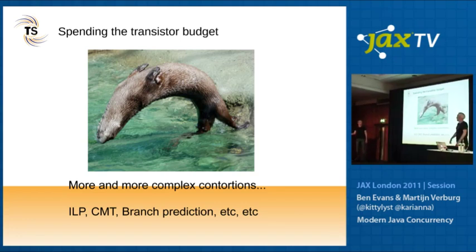You hear people talk about ILP, instruction level parallelism, CMT, chip multi-threading, and branch prediction, and all those kinds of things. All they're really doing is finding ways to spend the transistor budget so that you can try to keep the pipeline full. They're more and more complicated tricks, but ultimately you're chasing diminishing returns. There's only so much you can do with the chip, and ultimately that gap between processor speed and memory latency is going to kill you. There's just nothing you can do about it.